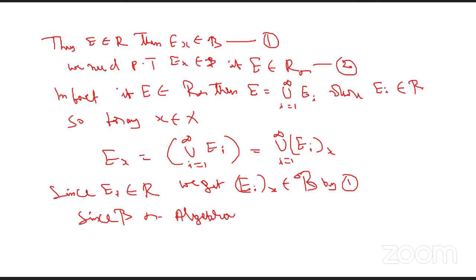Since beta is a sigma algebra, the union, i equal to 1 to infinity, of E_i of x belongs to beta.